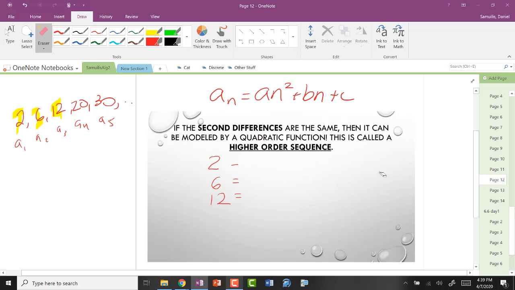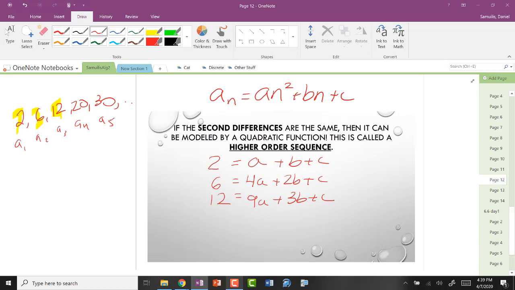So what I'm going to have is 1a plus 1b plus 1c. Remember, it was a 2 squared, so this gives me 4a plus 2b plus c. Then I have 9a plus 3b plus c. I want to be able to come up with an a, b, and c. How am I going to do that?